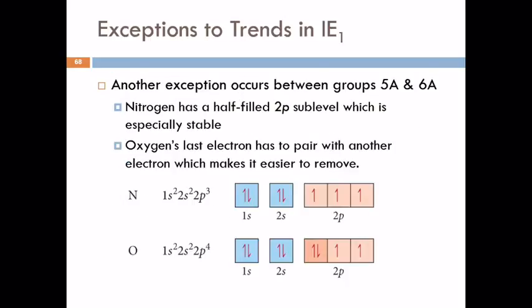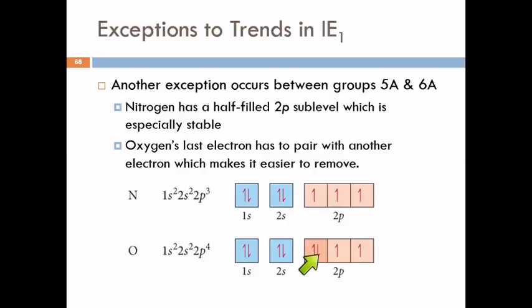There's another exception between groups 5A and 6A. And again, that has to do with the types of electrons that are being removed and what sort of situation they're in. Nitrogen has a half-full 2p sublevel. When these sublevels are completely full, half full, or completely empty, that is more stable than some other situation. For oxygen, the 2p sublevel has 4 electrons in it, so 2 of them are paired and 2 of them are not paired.